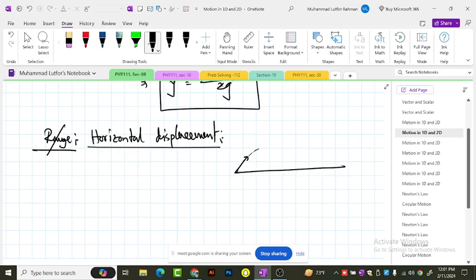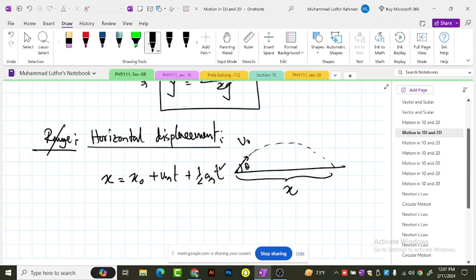You throw the particle with some initial velocity v naught, making an angle theta, and I want to find the distance, which is the x over here. Remember, along the x direction it moves at a constant velocity, so I'll write x equals x naught plus v naught x t plus half of ax t squared.